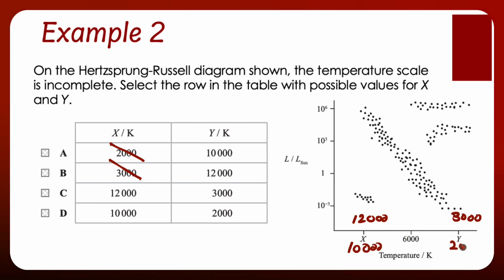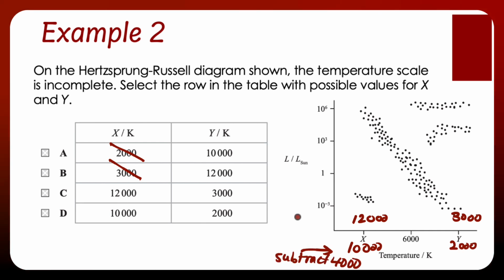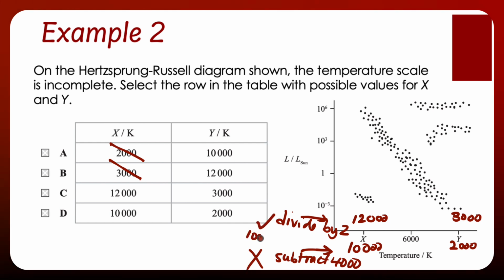And this one here, 2,000, I'm subtracting again 4,000. Well, this one is not logarithmic. This one will be. Sorry about my spelling there. Logarithmic. So that means C has to be my answer.